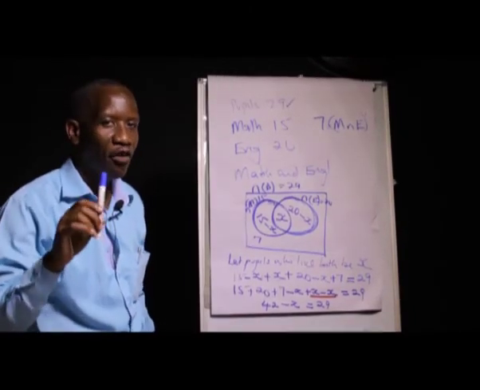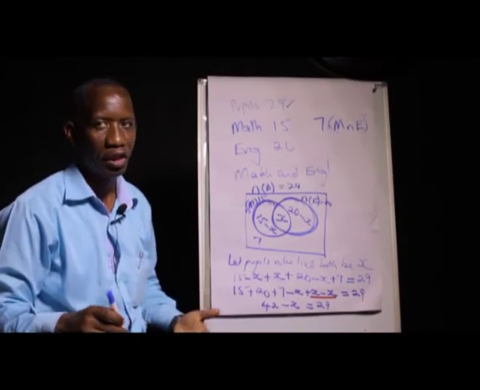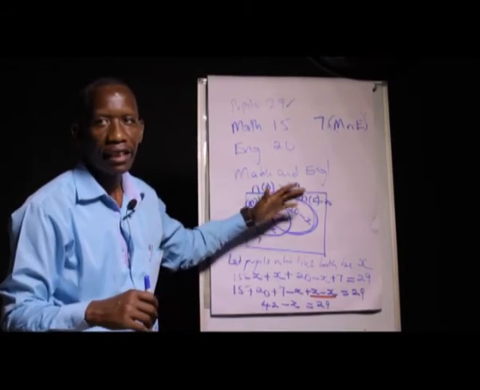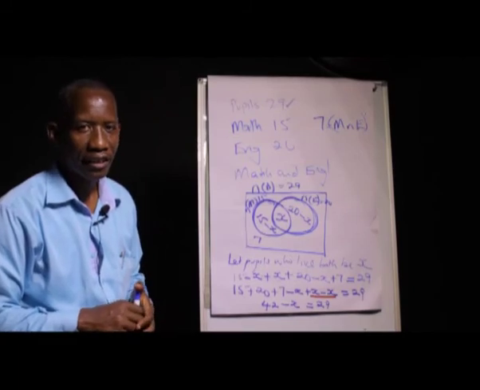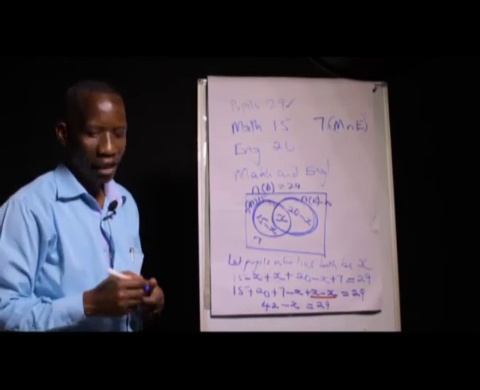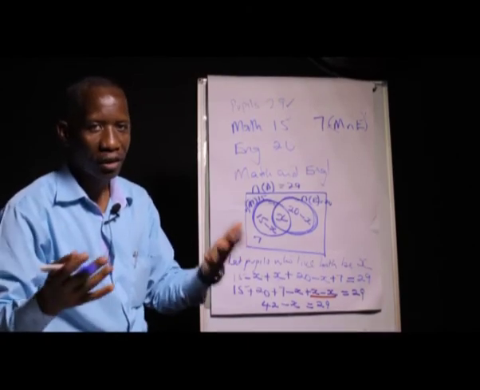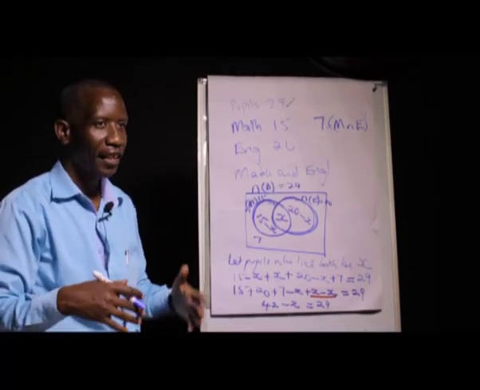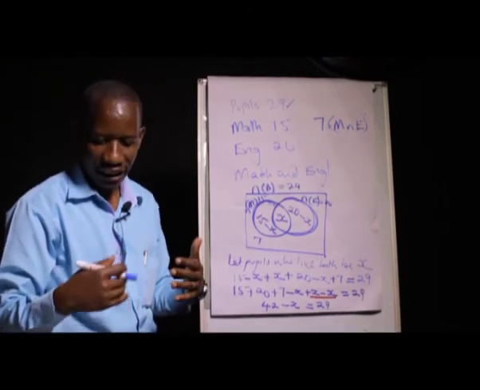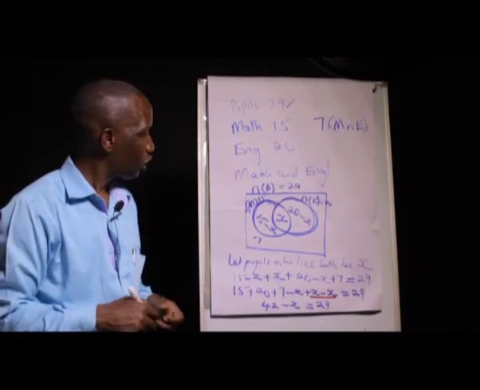Do you see how Venn diagrams can be used to solve everyday problems? Thank you. I'm going to give you a question which you will answer and give me the answer in the next lesson.